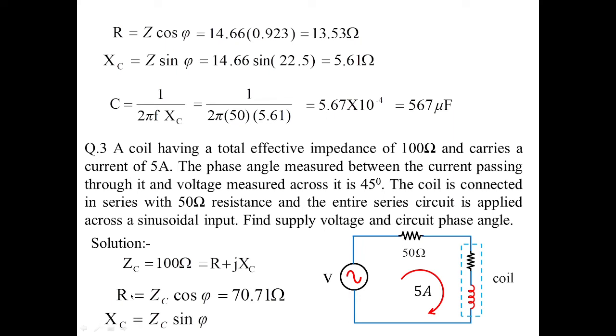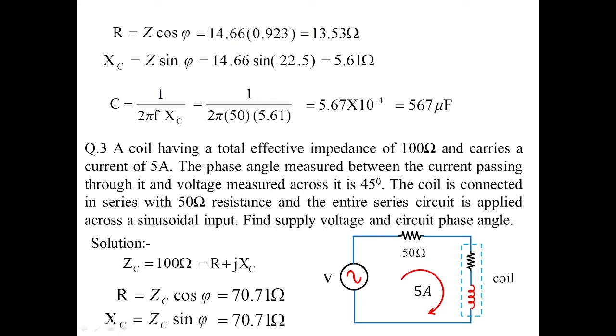Once we obtain the value of R, we can also obtain the coil reactance. This is not Xc, this is called coil reactance, which is nothing but the coil value of the impedance times sin phi, which is the same value, 70.71 ohms.